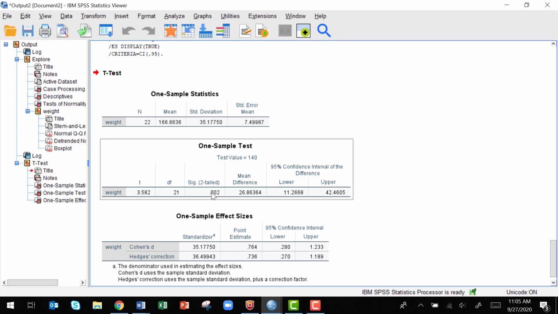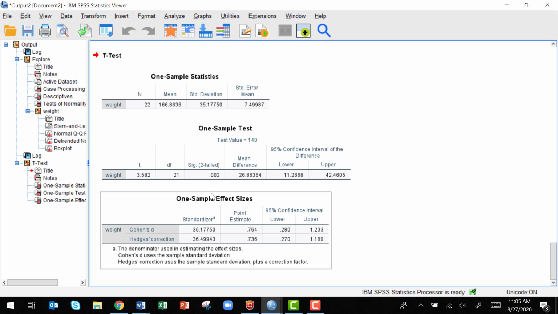Yes, it's 0.002. So based on that, I can say that 140 is not a representative value. And then I can also see my effect size is here with Cohen's d and the Hedges correction.